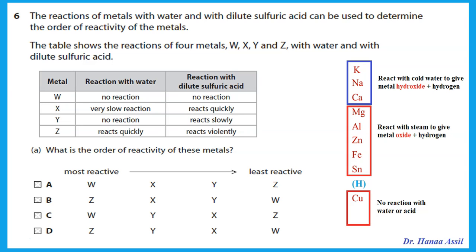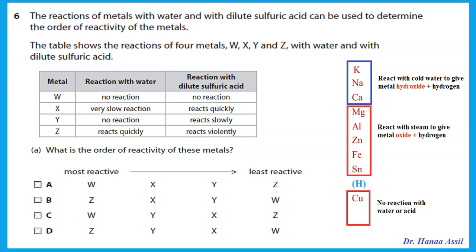So remember, the ones at the top would react with cold water, and when they react with cold water, they form the metal hydroxide plus hydrogen. Now, less reactive metals will react with steam to give the metal oxide plus hydrogen, and those below hydrogen in the electrochemical series would not react with water or with acid.